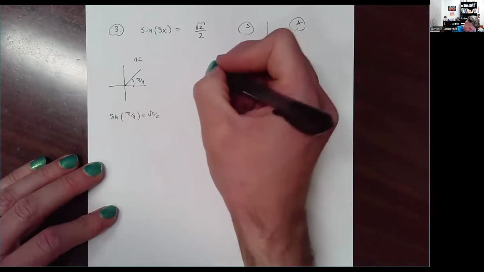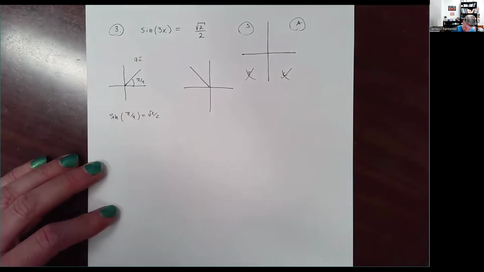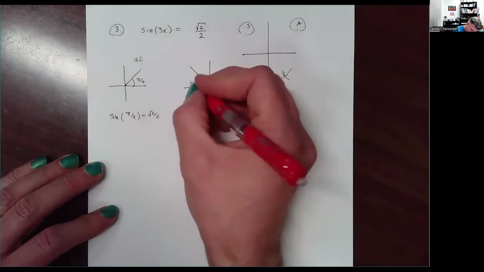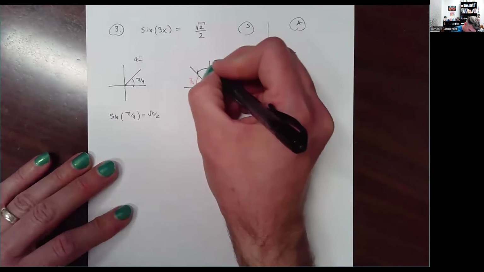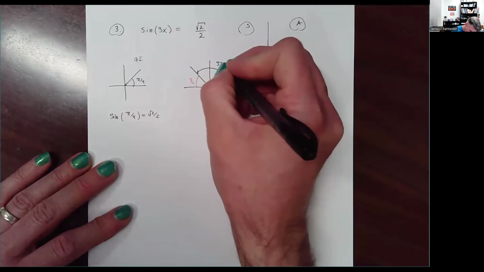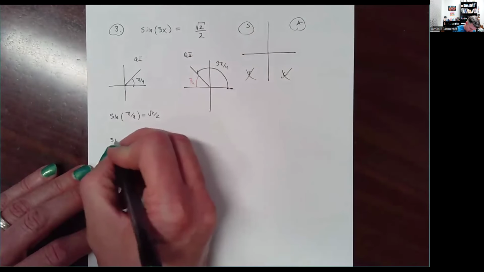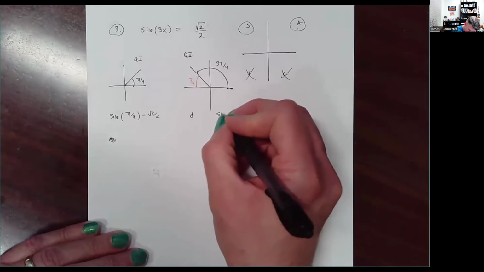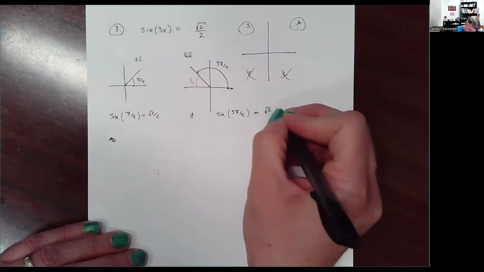And in quadrant 2, it's the same, a reference angle of pi over 4, and then our actual angle is pi minus pi over 4, which is 3 pi over 4. So sine of 3 pi over 4 is also equal to √2 over 2.